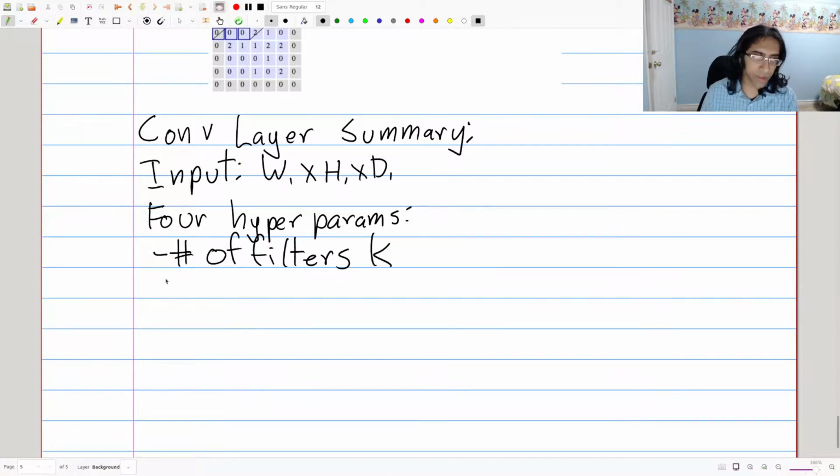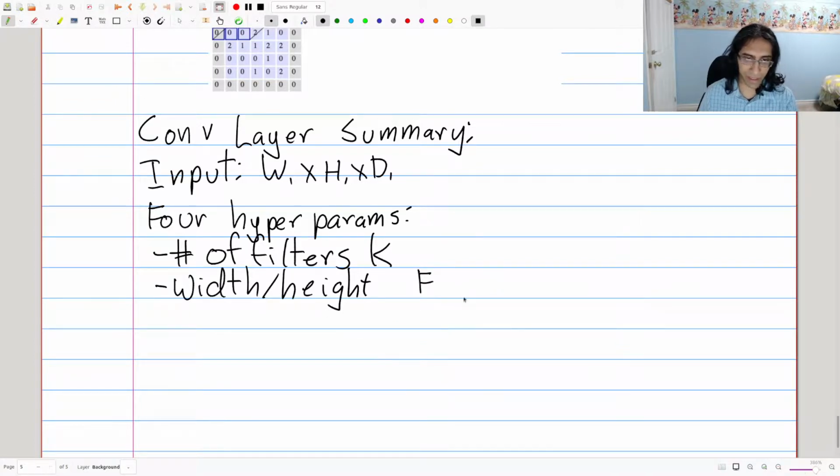There is the width and the height of the filters, which is going to be f. Like I said, they're going to be the same, so the size of each will be f by f by d1, because remember, they always have to have the same depth as the input.